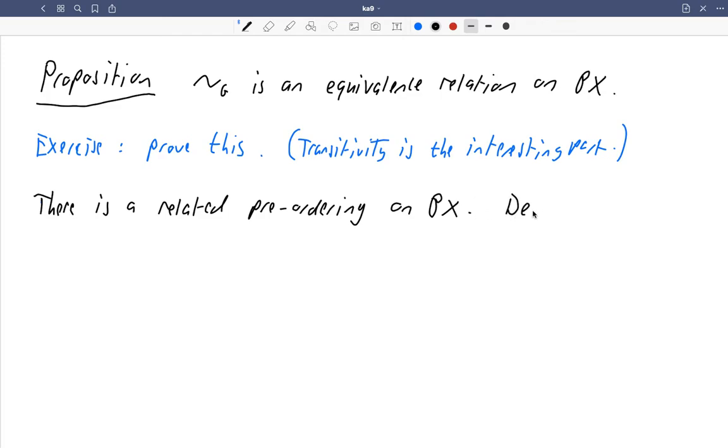And for this we define one subset A to be, we're going to use a curly less than or equals sub G, B, if and only if there exists a subset of B such that A is equidecomposable with that subset.